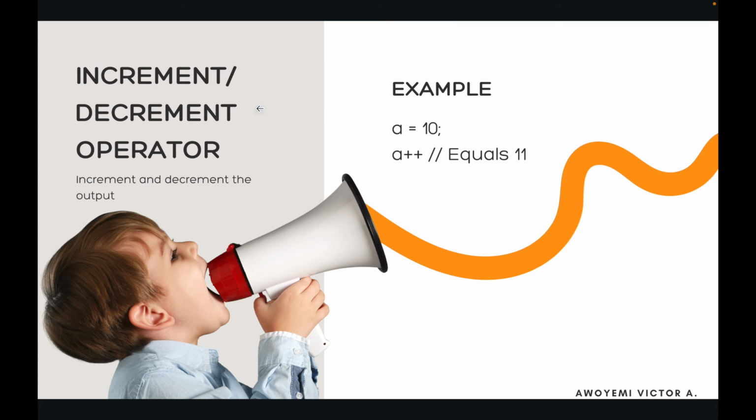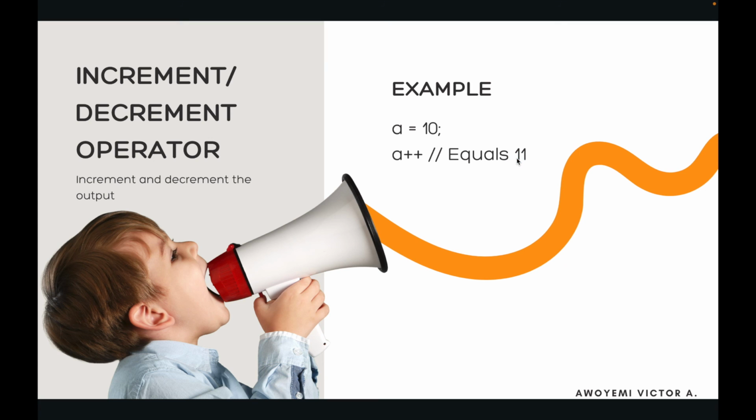Now, the last operators we are going to talk about here are the increment and decrement operators in C. We have the increment, which is plus plus, and we have the decrement, which is minus minus. Take for instance, if we have an integer a and we set it to 10 and we increment it, a plus plus, a will equal 11.